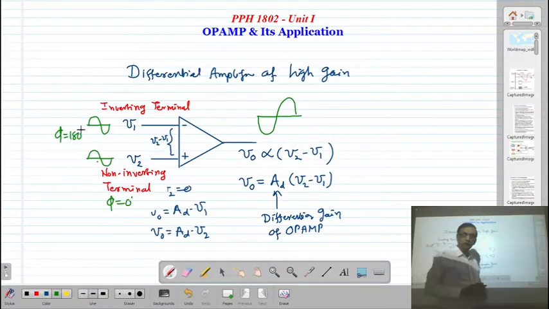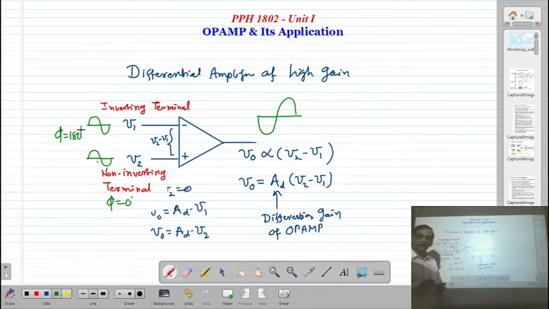So you can use the operational amplifier as an inverting op-amp as well as a non-inverting op-amp. Whatever the requirement is, accordingly we can apply the signal to these different terminals. Correct? So the inverting terminal will give you the phase inversion of 180 degrees, and the non-inverting terminal will give you 0-degree phase. Okay. Now we will see what is the ideal op-amp.